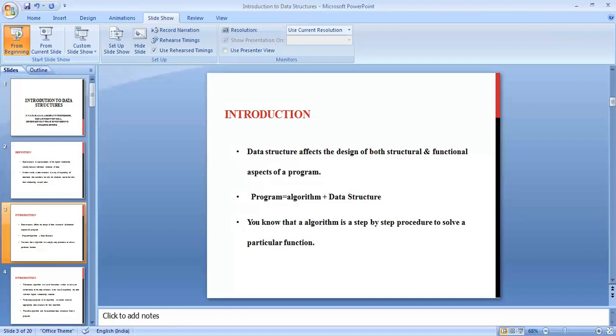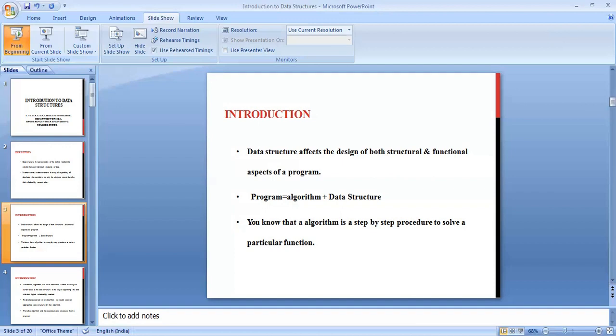So here we classify the data structure. The classification of data structures is divided into two broad categories. One is primitive data structure, another one is non-primitive data structure. Okay, primitive, non-primitive.